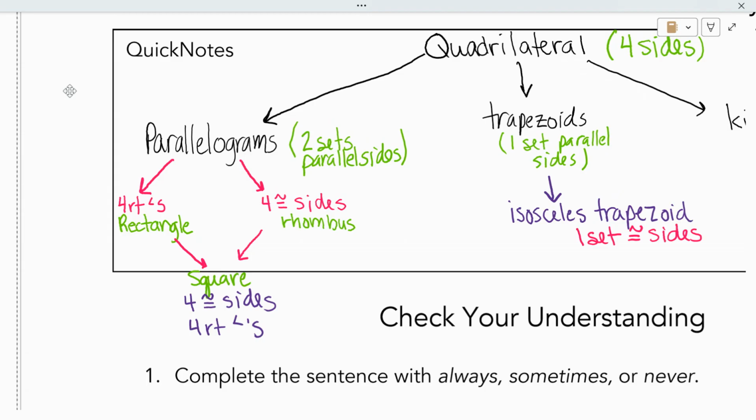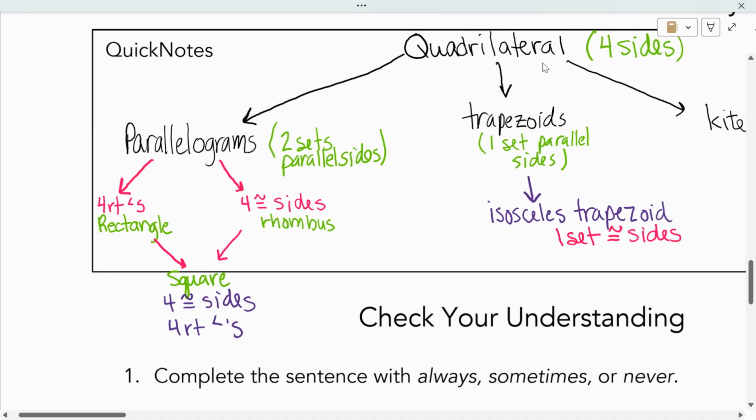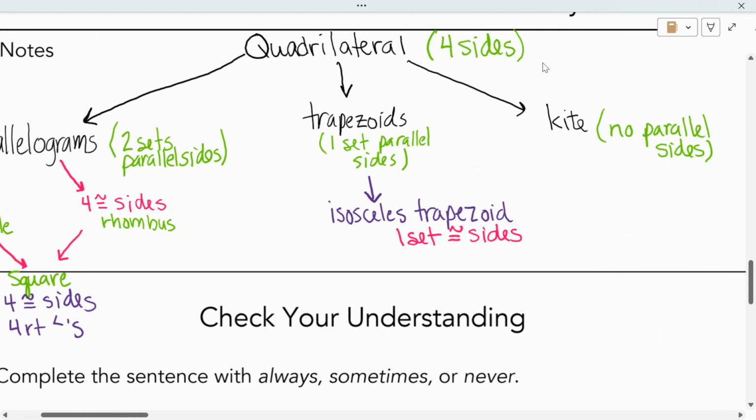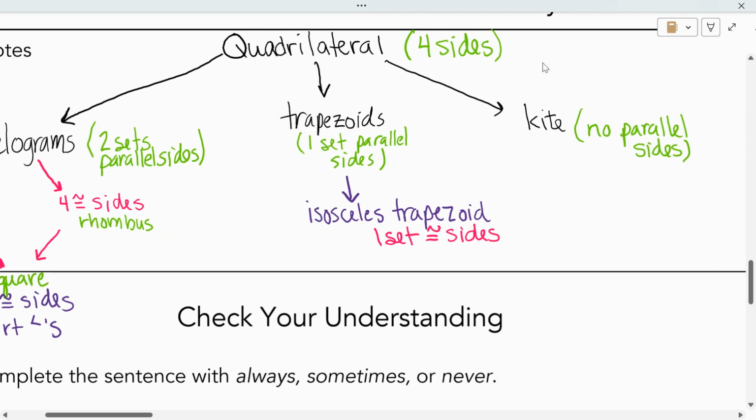What is one thing that we know about our kite? Because I don't think we wrote anything about that kite other than it doesn't have any parallel sides. Go back to your little picture of a kite. There was something marked on our kites. Do you guys remember what the markings were on our kite? How many pairs of congruent sides does it have? Yeah, I'm going to write that. A kite has 2 sets of congruent sides.